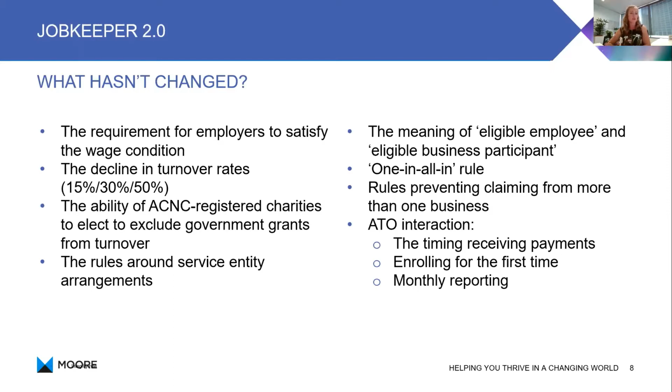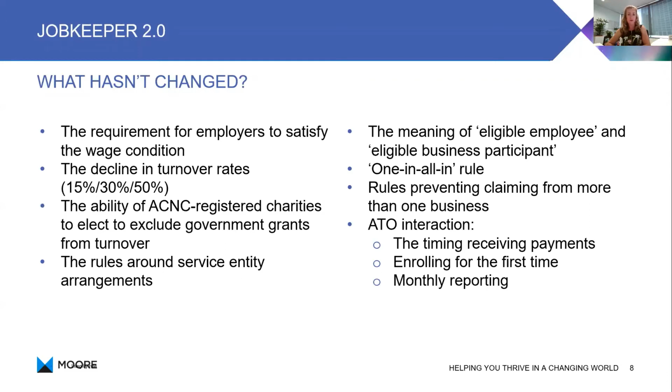The decline in turnover rates haven't changed either. We're still testing that 15, 30 and 50% depending on your business. The ability for ACNC registered charities to elect to exclude government grants from turnover will continue, will roll through. The rules around service entity arrangements are still there.